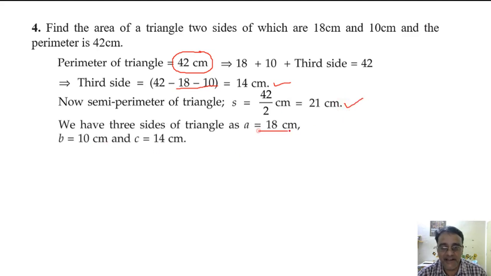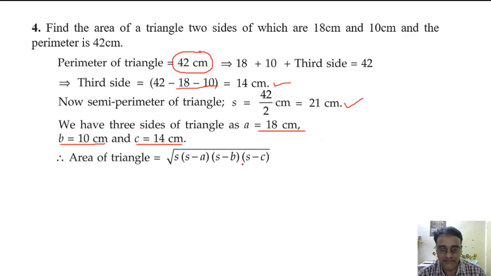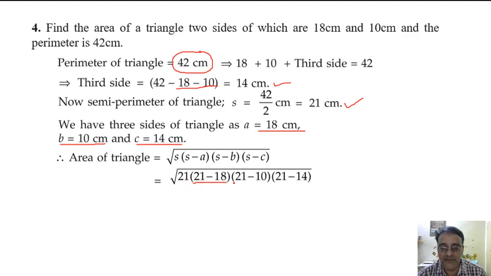Now 18 we took as A, 10 as B and 14 as C. Right, now everything is with us. Now we can use that formula. S into S minus A into S minus B into S minus C whole root. Now substitute all the values. 21 into 21 minus 18 into 21 minus 10 into 21 minus 14. So this will become 3, this will become 11, and this will become 7.